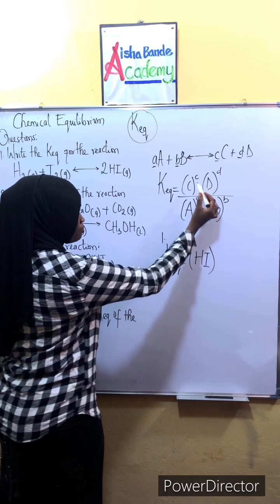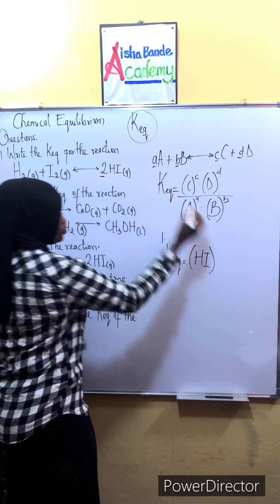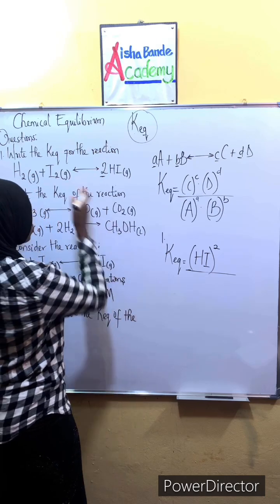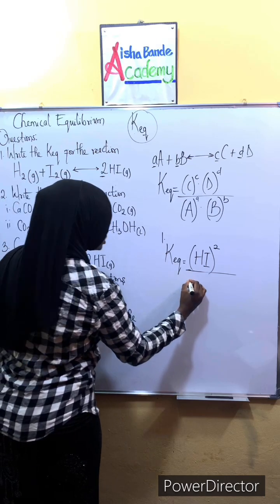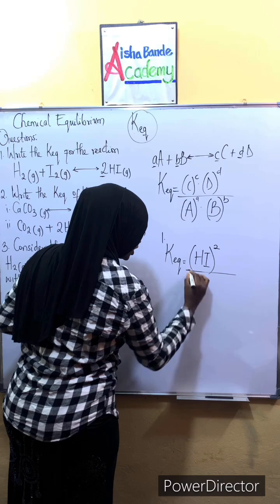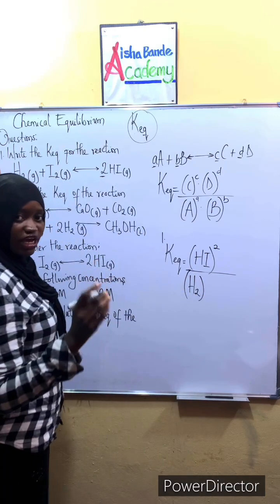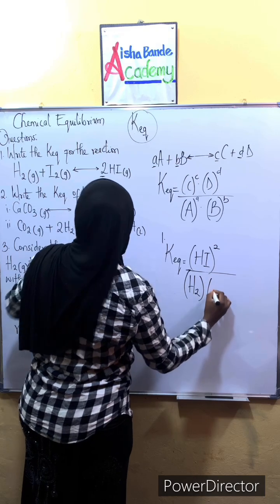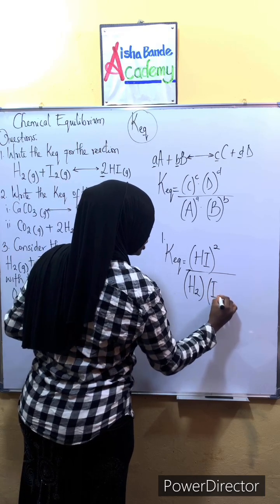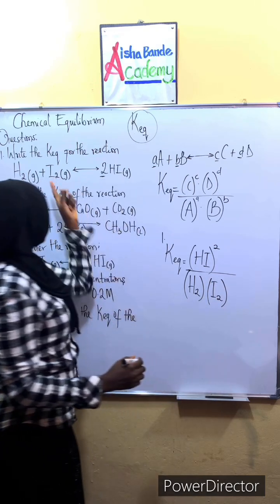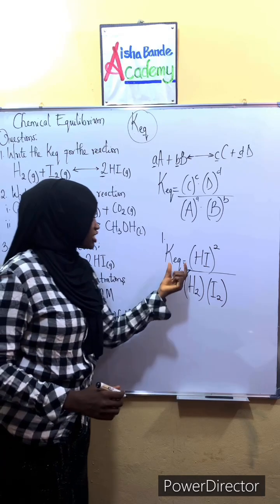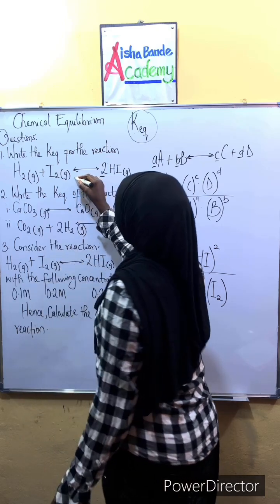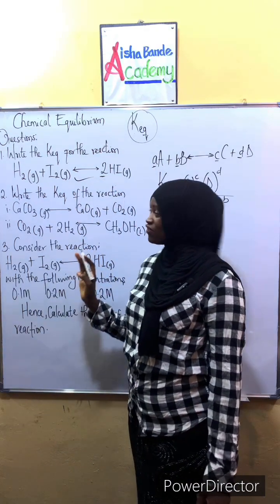So the power is going to be the coefficient here, which is raised to the power of 2, all over, now let's go to the reactant. So the reactant is H2 in a bracket. The coefficient of the hydrogen here is just 1, so it's the same. Then the I2, so this is I2, okay? So the coefficient of I here also is 1. So this is the chemical equilibrium for the reaction given in question 1. As simple and as straightforward as that.